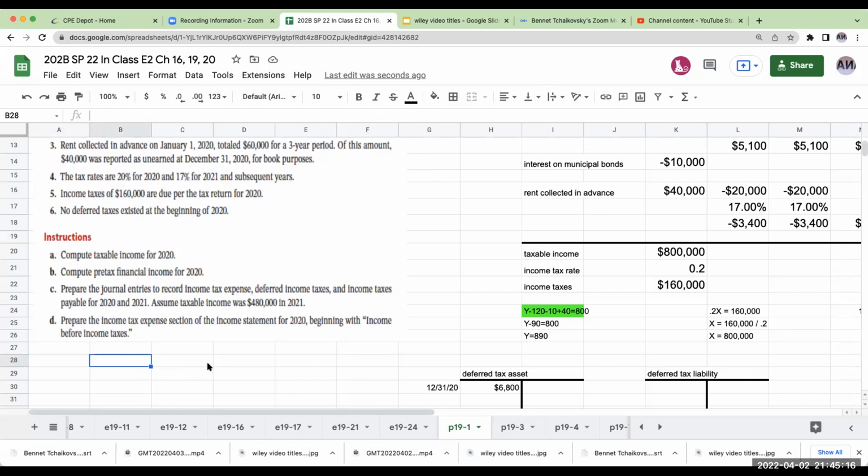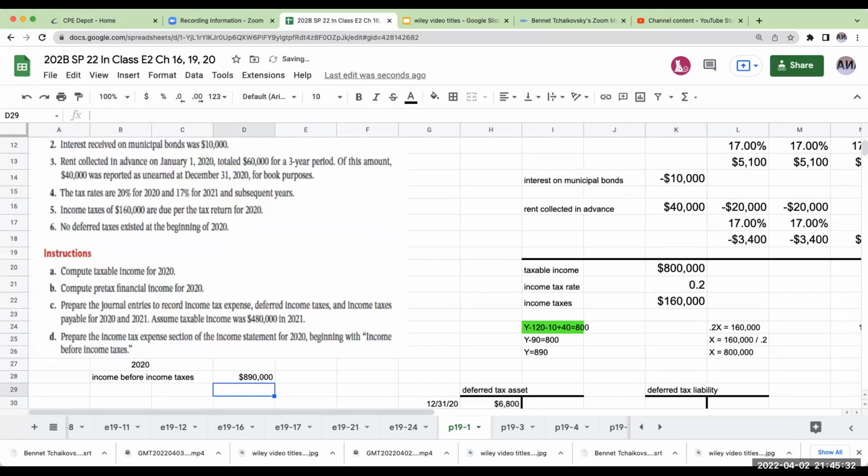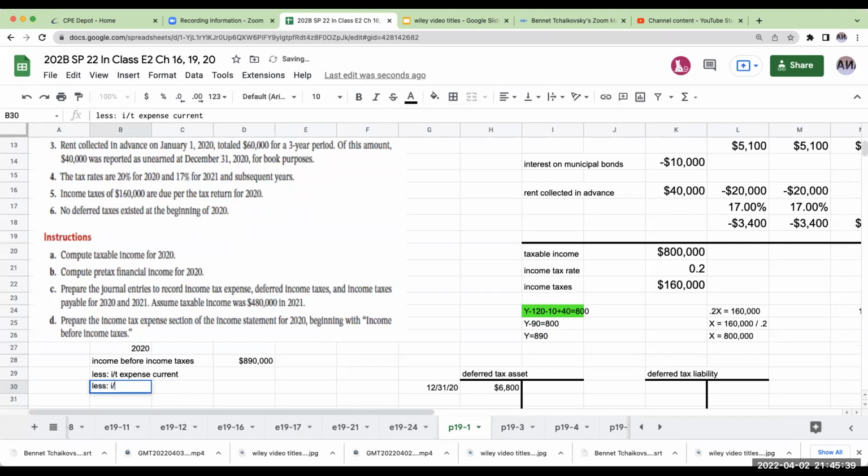So how would I go through and do the income before income taxes? This would be for 2020. My income before income taxes is going to be 890,000, less income tax expense current, less income tax expense deferred.